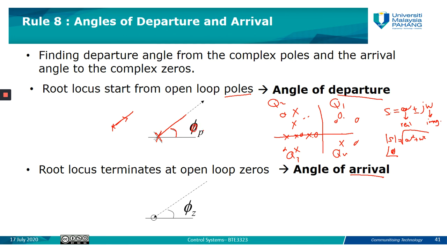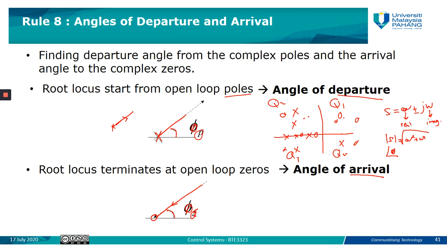If our zero is located in the complex plane, it has an arrival angle. The root locus comes from this point and arrives here by using the arrival angle, which we call PZ. P for pole, Z for zero. This is the difference between the departure and arrival angle.